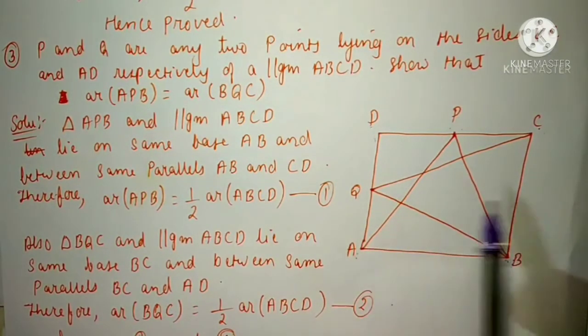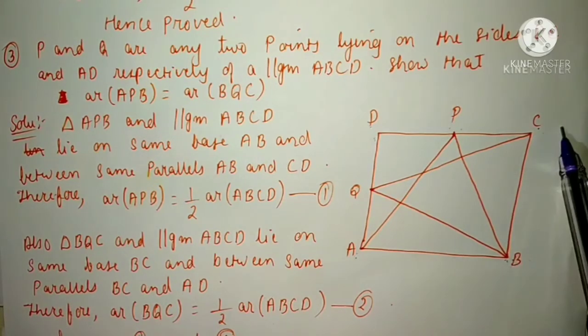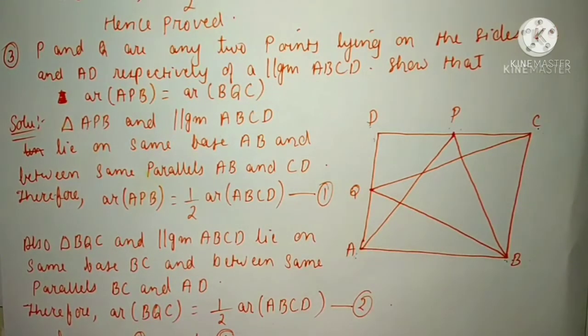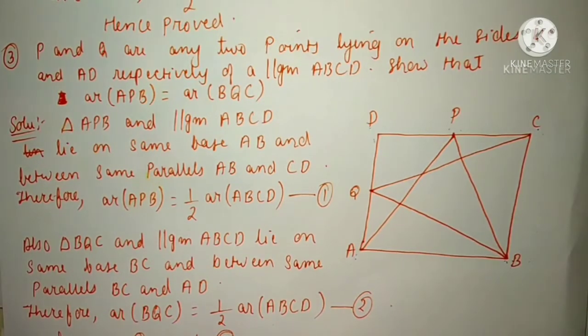These two sides of the parallelogram are also parallel. So we can write triangle BQC and parallelogram ABCD lie on the same base BC and between the same parallels BC and AD. Okay. Now again, if they lie on the same base and between the same parallels, then area of triangle will be half of area of parallelogram. So area of triangle BQC is equal to half of area of parallelogram ABCD. Now name this as equation number 2.